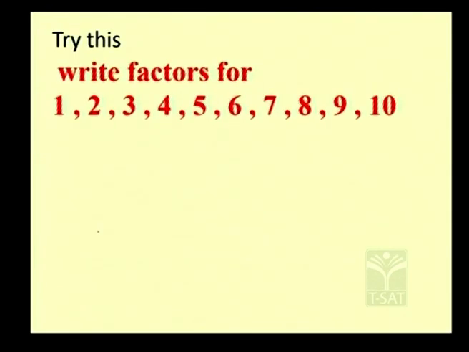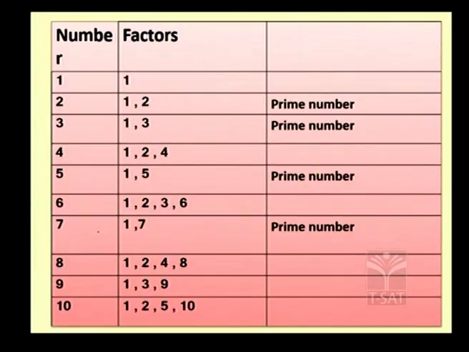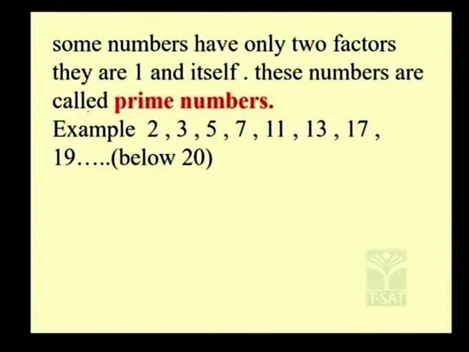After that we can try to find some factors of 1, 2, 3, 4, 5, 6, 7, 8, 9, 10. See on the chart, some numbers have only 2 factors, some numbers have more than 2 factors. Numbers having only 2 factors, 1 and itself, are called prime numbers: 2, 3, 5, 7, 11, 13, 17 like that.